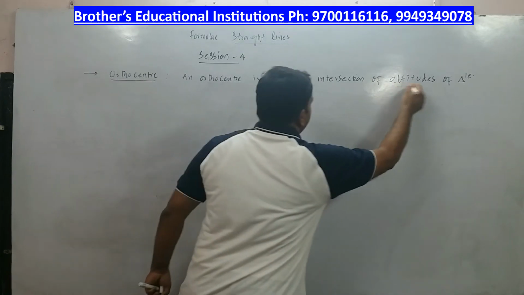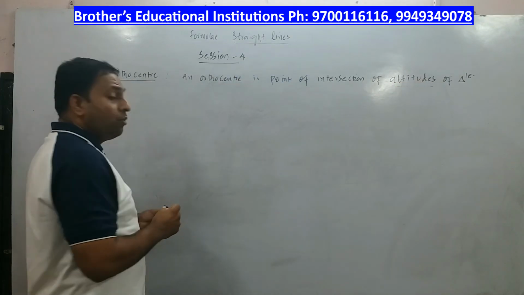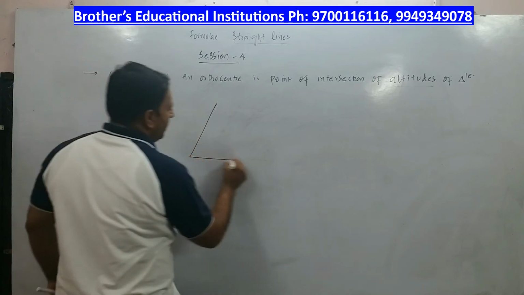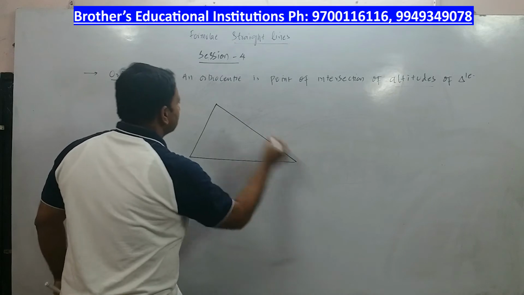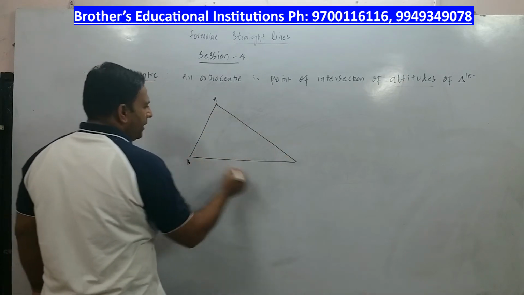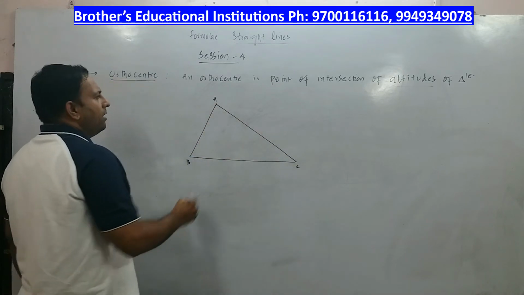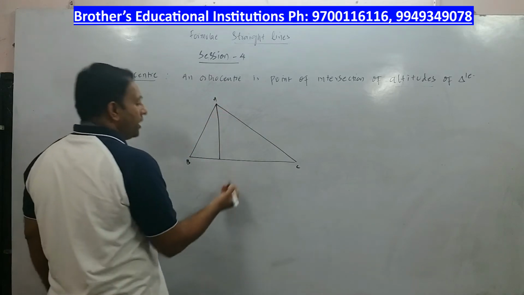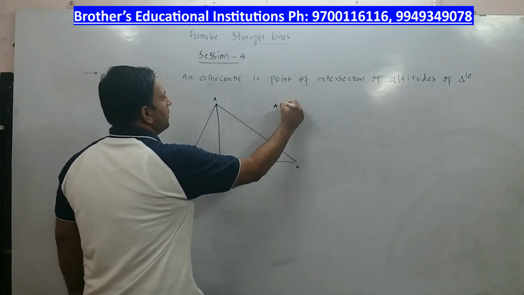Now, what do you mean by altitudes? Let us try to understand what an altitude is. For example, if I take ABC as a triangle, and from this vertex if I drop a perpendicular to the opposite side, that is called an altitude. So what is the definition of altitude?